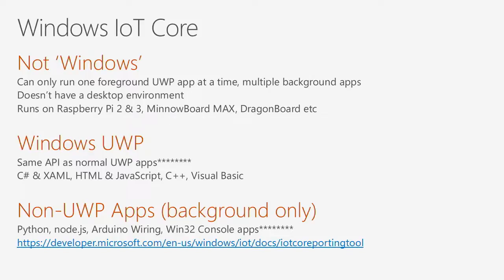And you also get known UWP apps. These are Python, Node.js, Arduino, and also a Win32 console app. And again, terms and conditions apply. There's a porting tool at the bottom that tells you if you've got a legacy application you want to port over to IoT Core, you run that tool against your EXE, and then it will tell you which APIs you're using that aren't supported, and you can kind of choose what you do with it.